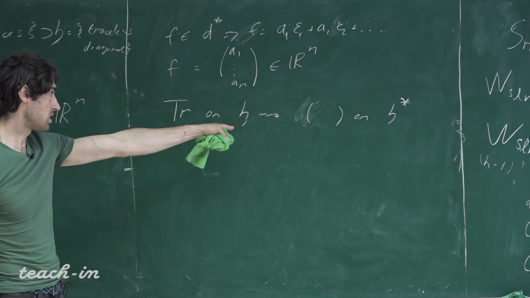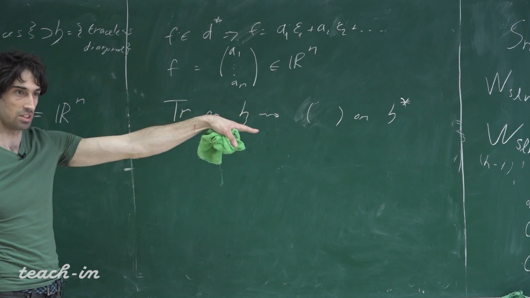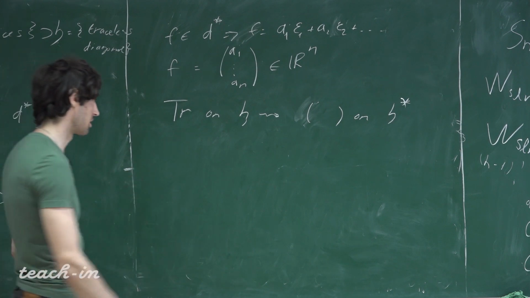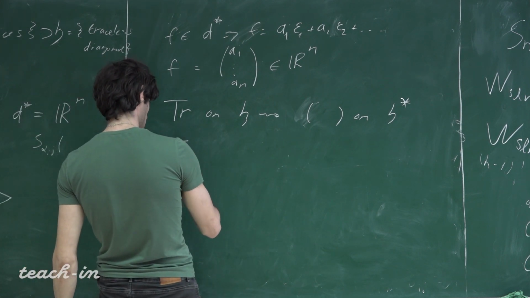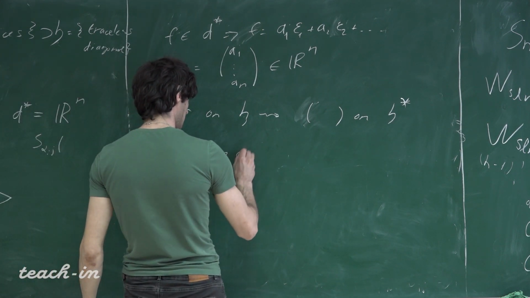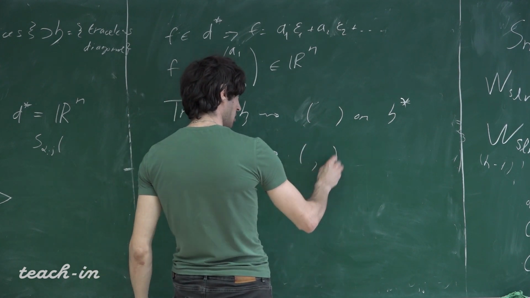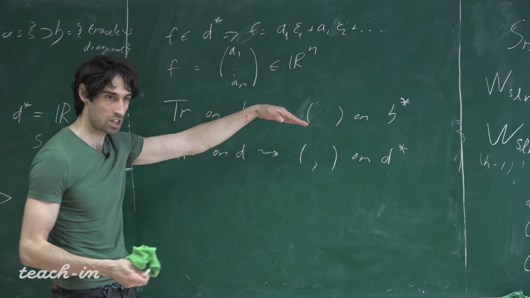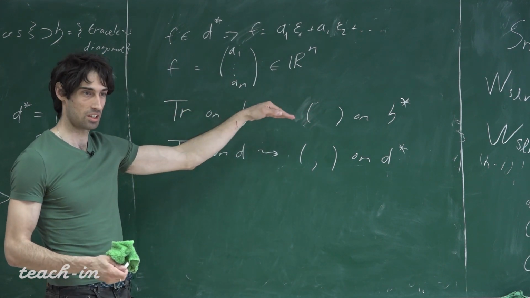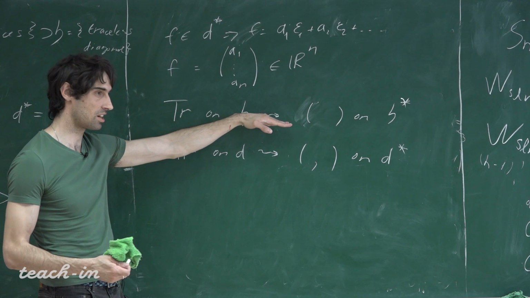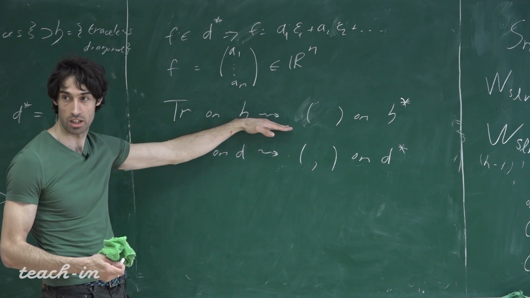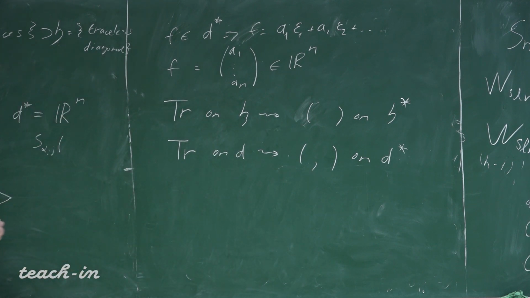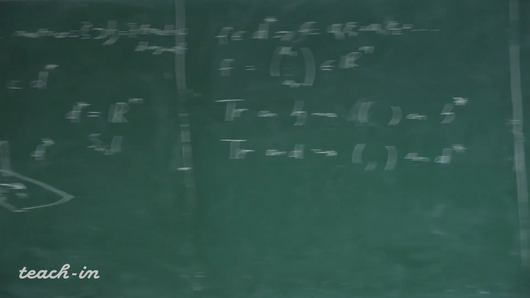But here I can replace H and H star by D and D star, because on D it's still non-degenerate. So the same trace on D gives me an inner product on D star. And if I restrict to H star, the restriction respects the Euclidean structure that I already had. So I actually expand from this plane to the whole D star.